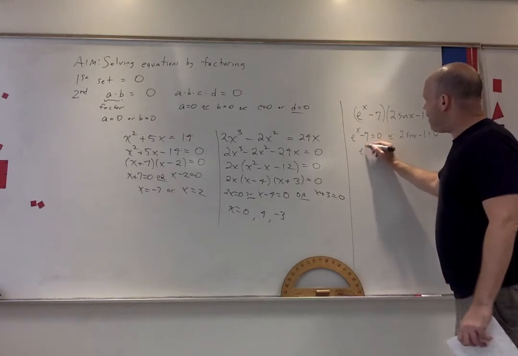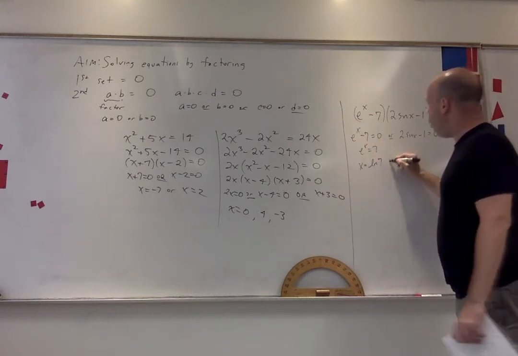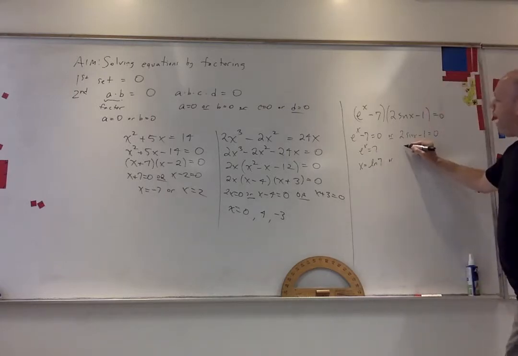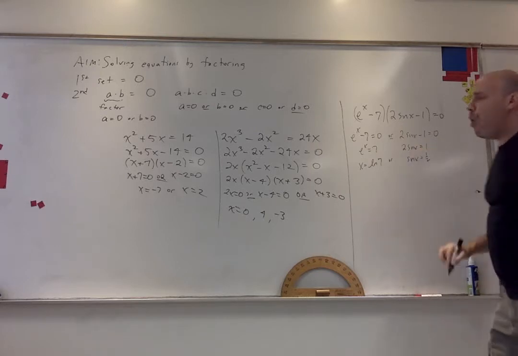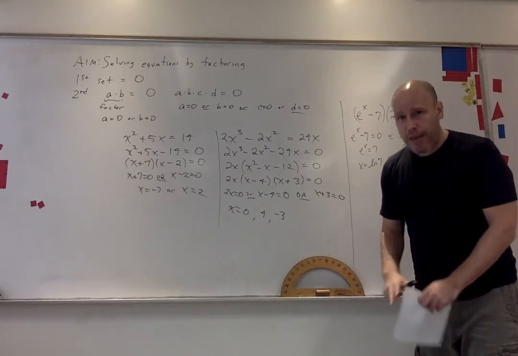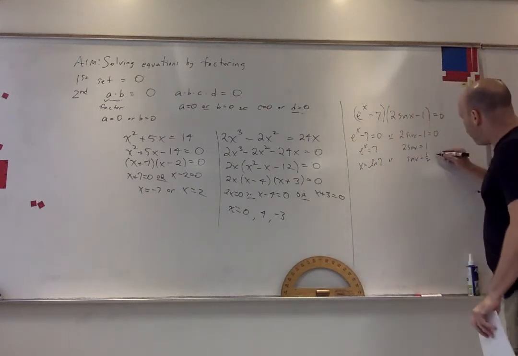Now, I expect you to kind of know how to solve this by hand. First of all, e to the x equals 7, so x equals ln of 7, or we have 2 sine of x equals 1, sine of x equals 1/2. Where is sine positive? In the first and the second. What is the reference angle?